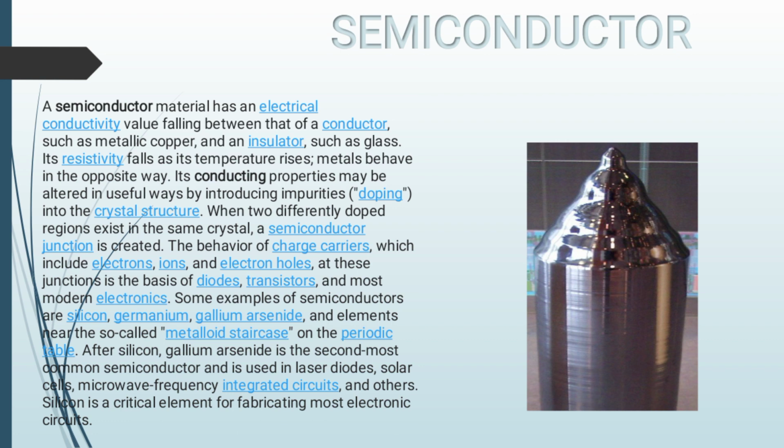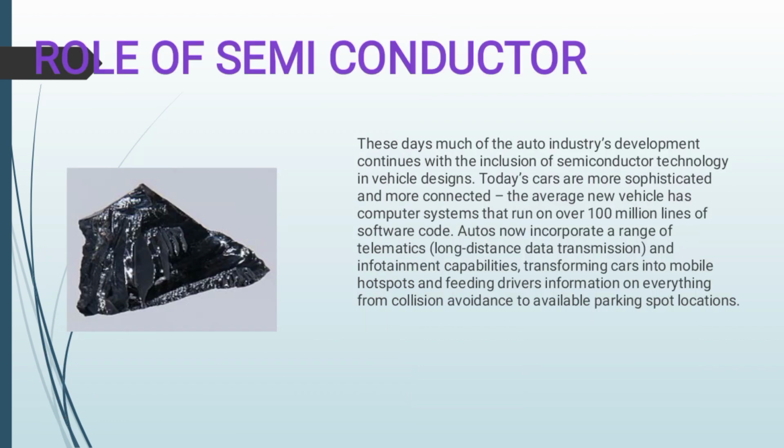Some examples of semiconductors are silicon, germanium, and elements near them on the periodic table called metalloids. After silicon, the second most common semiconductor is used in laser diodes, solar cells, and microwave-frequency integrated circuits. Silicon is a critical element for fabricating most electronic circuits.